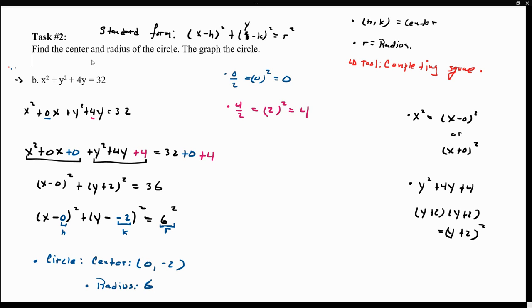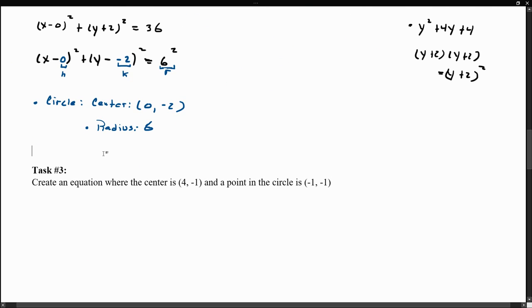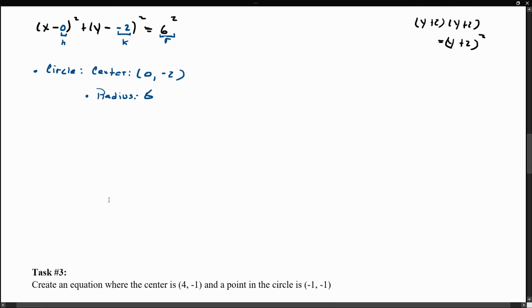So now all we have to do is graph this. We know the center, we know the radius, so we have already answered the first part. Now we want to graph our circle, so let's graph a circle with these two properties.